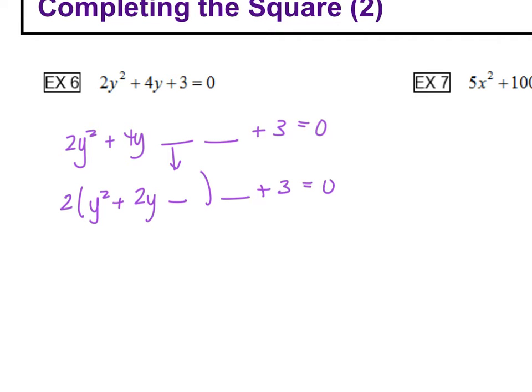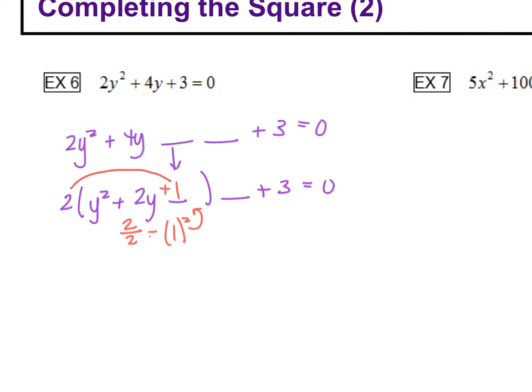We take our b value, which is 2, divide it by 2, which is 1, and then we have to square that number, positive 1. All right, so here it gets just slightly tricky. I just added in a 1. You guys did too, because you wrote it down with me. Now, normally we would subtract a 1 right here, but because we have this 2 out in front of the parentheses, if I were to multiply this all back out, this 2 would get multiplied with that 1.